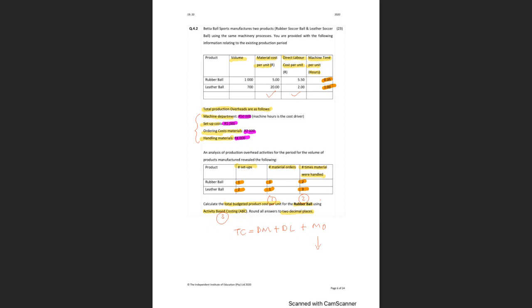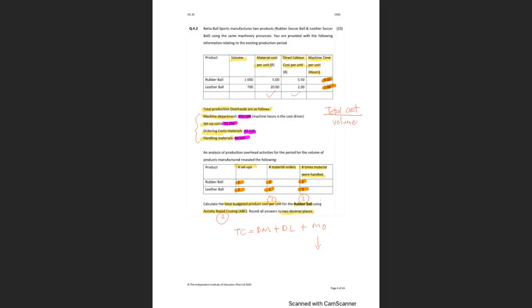The 4th step is now to calculate your cost driver rate. So let's calculate your cost driver rate. And remember, it is taking the total cost and dividing it by the volume. So this is how we're going to get to our rate.